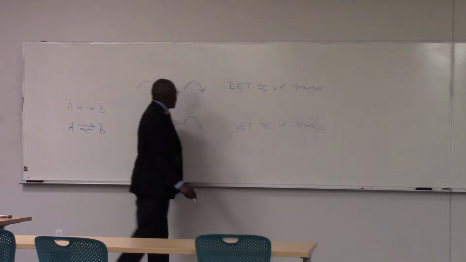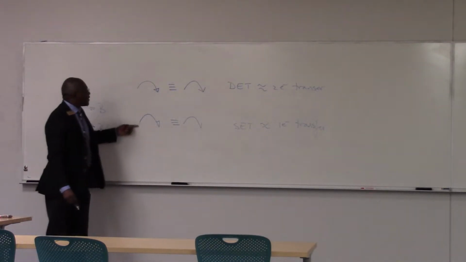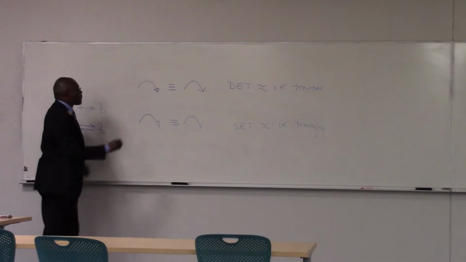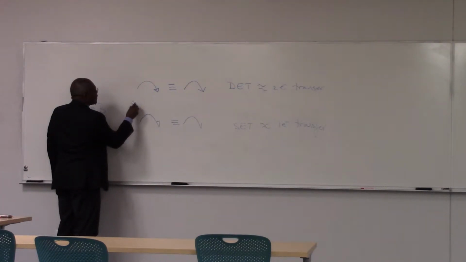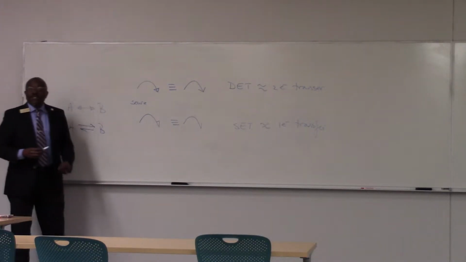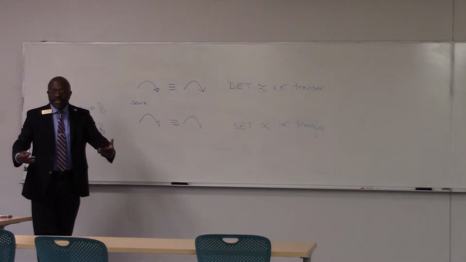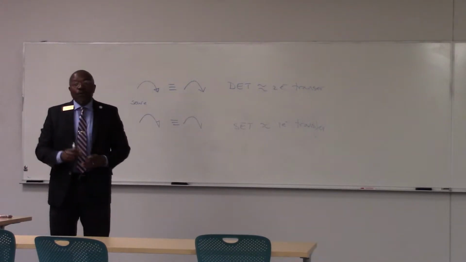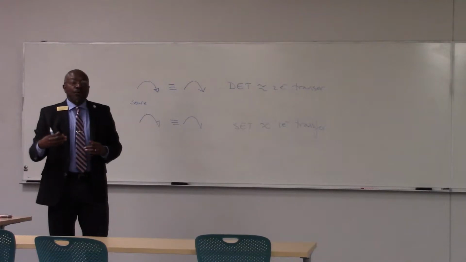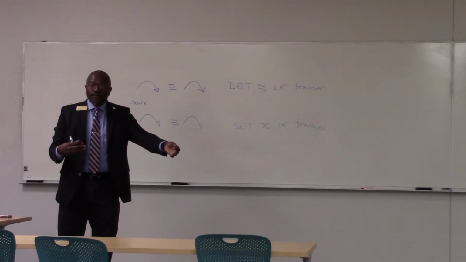Okay? The tail of the arrow represents the source of electrons. So the tail of the arrow is the source. That's where there's a region of high electron density, often a region that is negative, or it can have lone pairs, or it can have pi pairs. Okay?